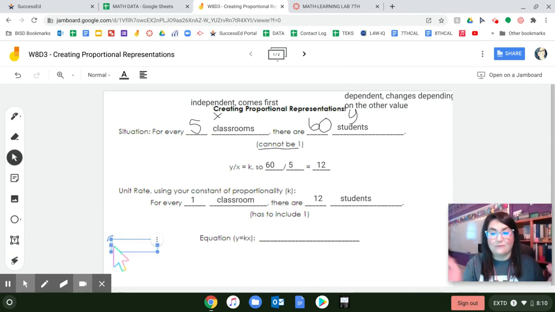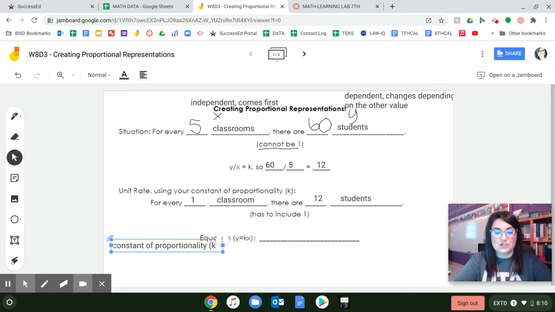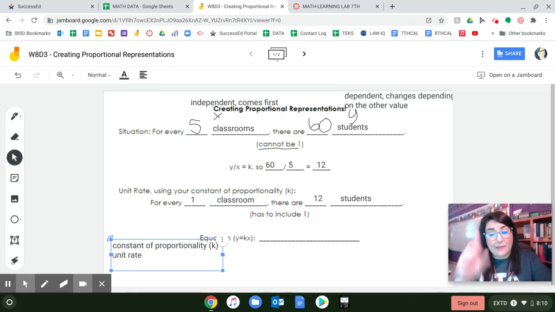So I'm going to go ahead and type out all the vocabulary words that are related to this. You're going to hear it called constant of proportionality, which is usually represented with K. You might hear it be called the unit rate. That's also the same thing, right? Per 1. Let me write that down. Also, per 1.